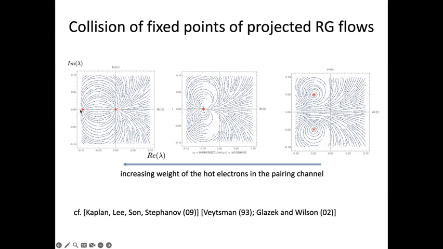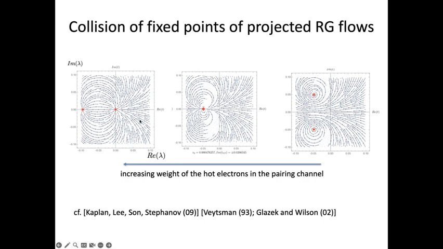This means that the electrons right at the hotspot are not immediately susceptible to pairing instability. This is due to the fact that at the hotspot electrons acquire a large anomalous dimension, so they are highly incoherent. So they are not very susceptible to pairing, although they are subject to the strongest attractive interaction.